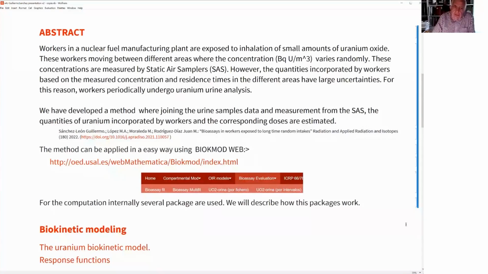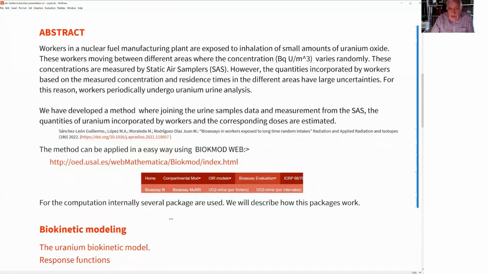The method can be applied in an easy way using BioModWeb. BioModWeb is a mathematical application developed using webMathematica. Here is the address. Later I will explain something about it.